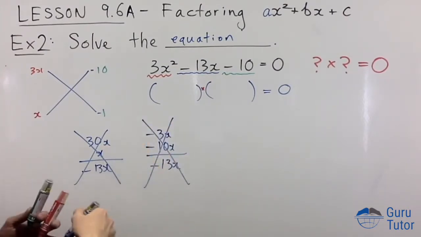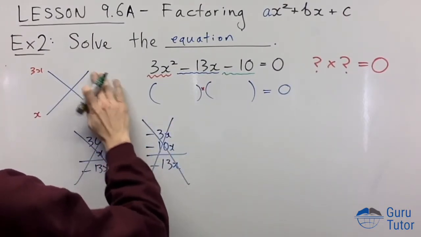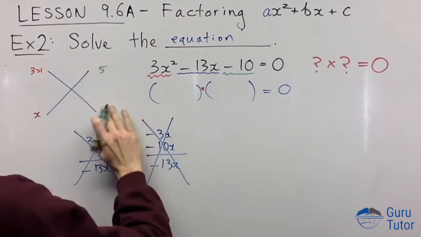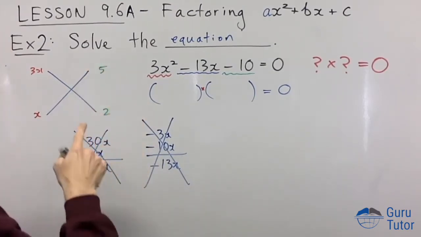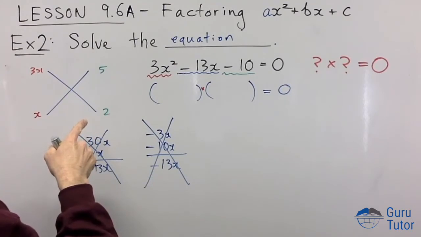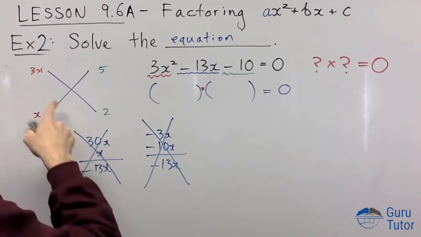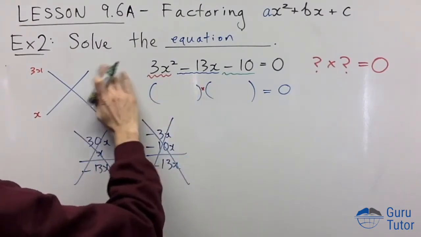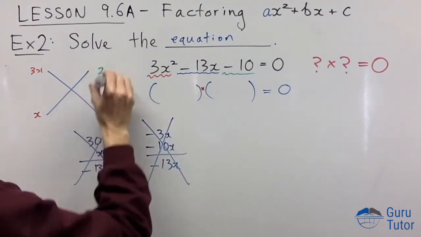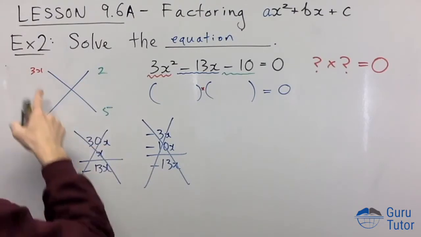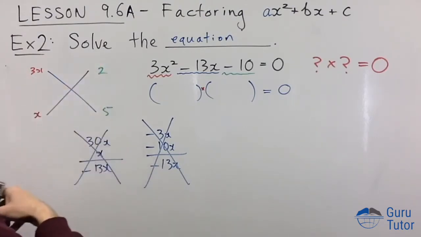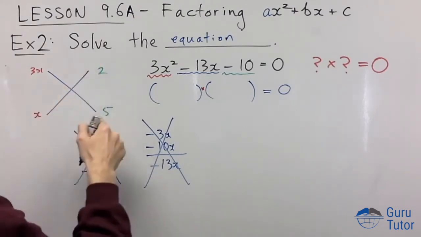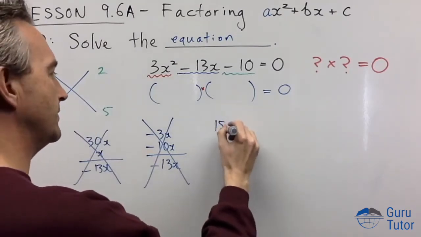What else can we try? 5 and 2. 5 and 2. If I did that, I'm going to get a 5x and a 6x. 6x and 5x, is that going to work? Can that give a 13? No. So after a while you can skip a few steps here. What about this? 15 and 2. Yes, I think this is it. 3x times 5 is 15x.